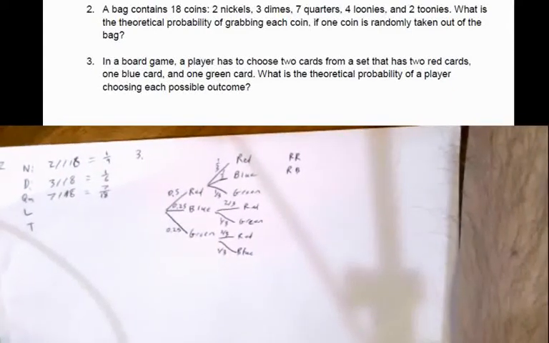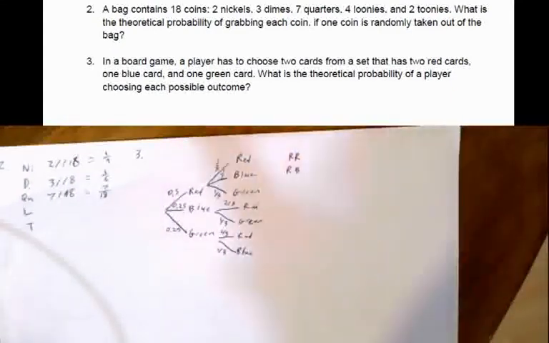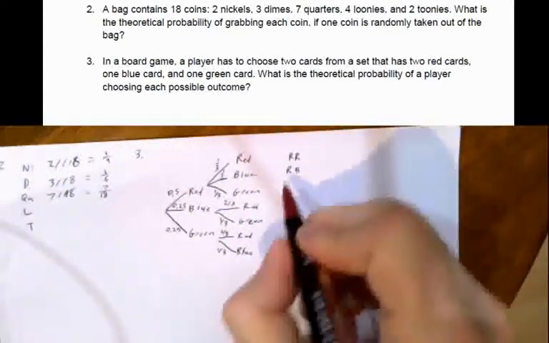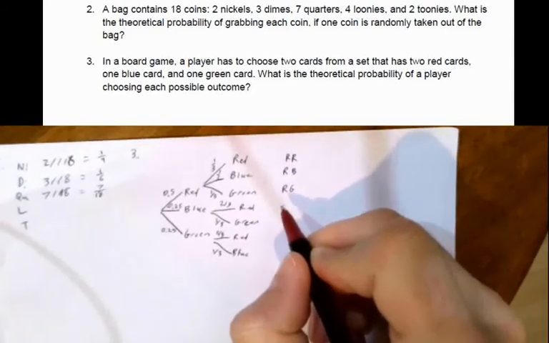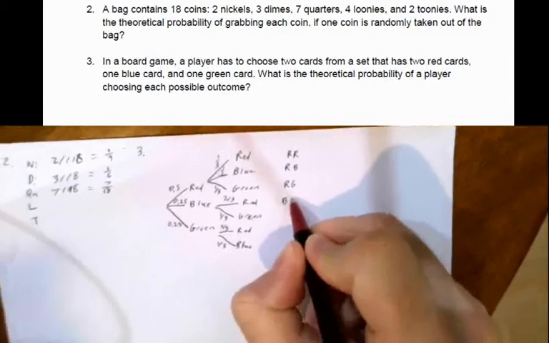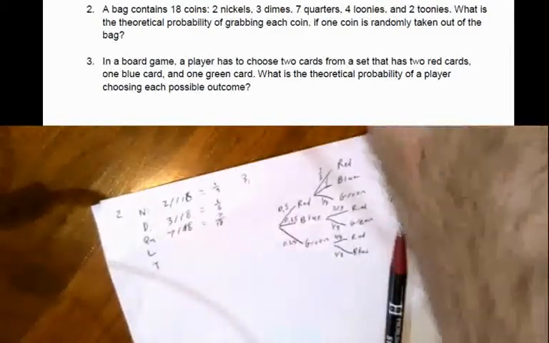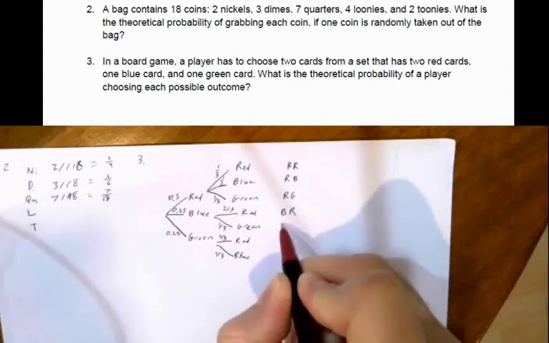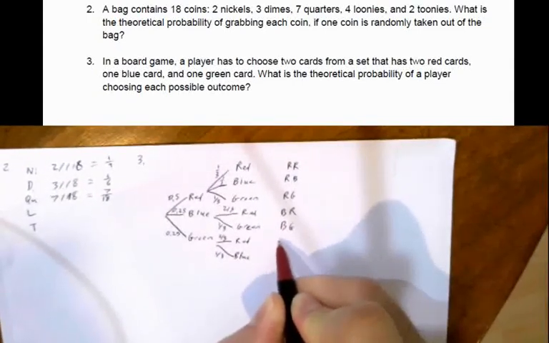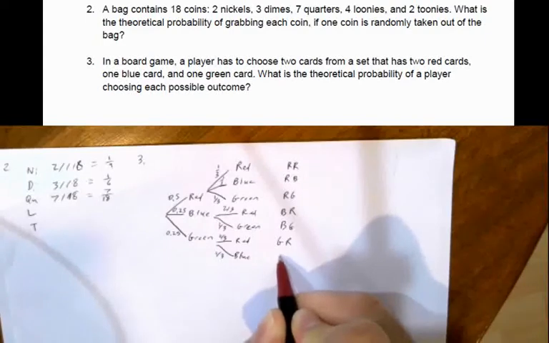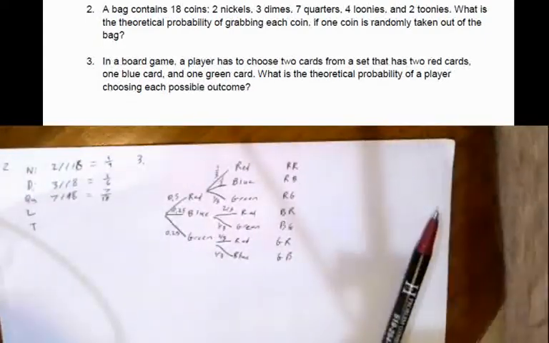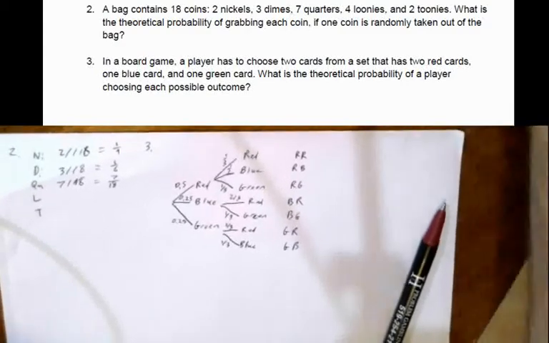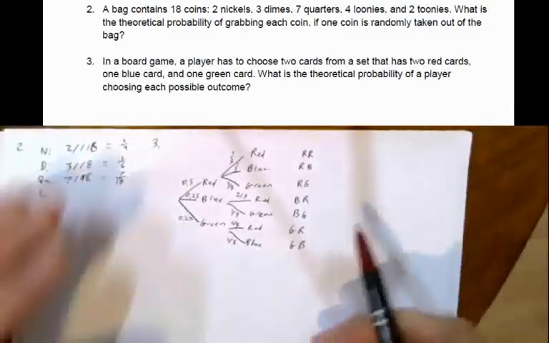I could have red and green. I could have blue and red. I could have blue and green. I could have green and red, or I could have green and blue. So of all of these, I then need to determine the probability of each of them.